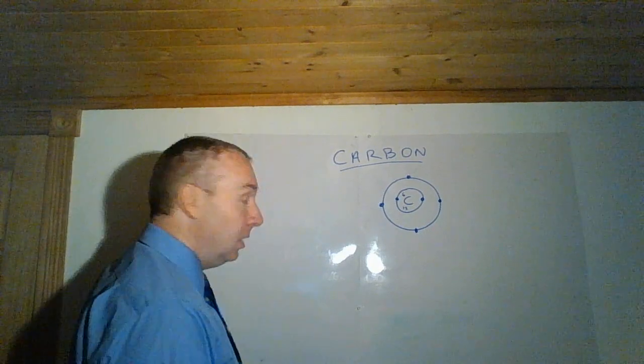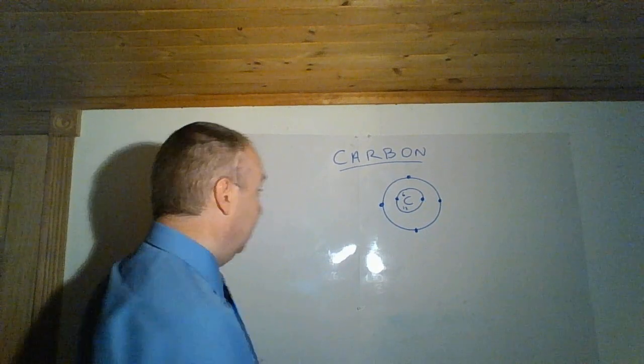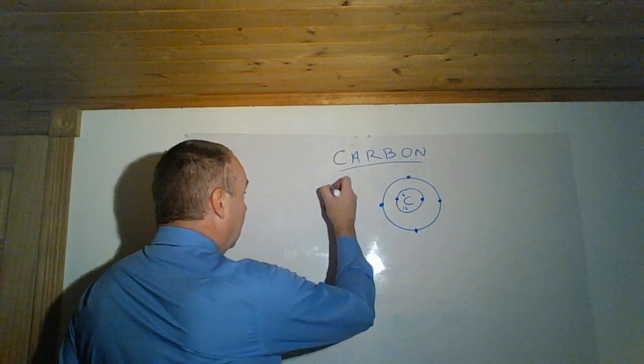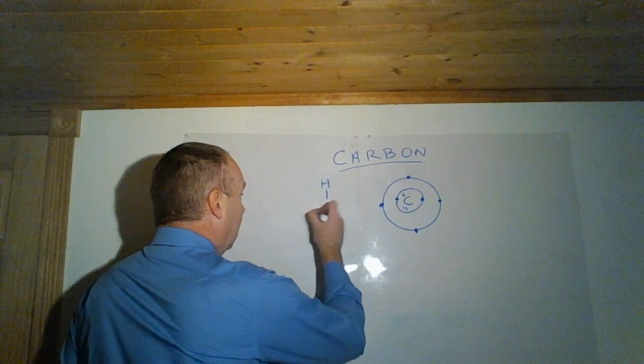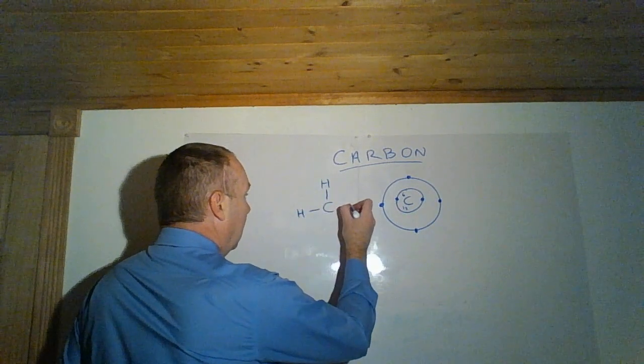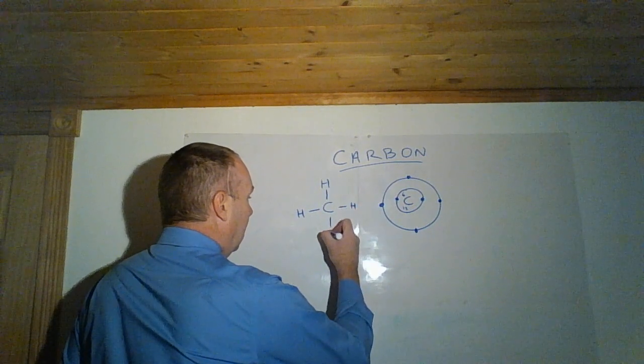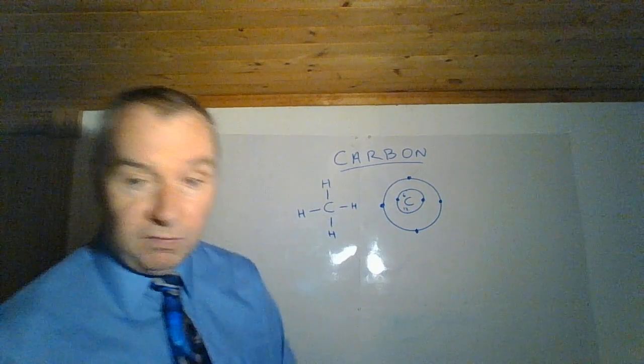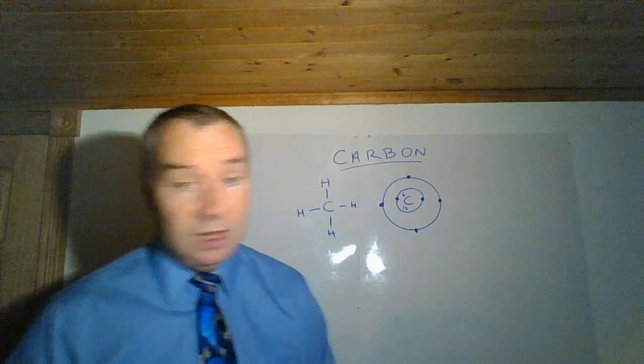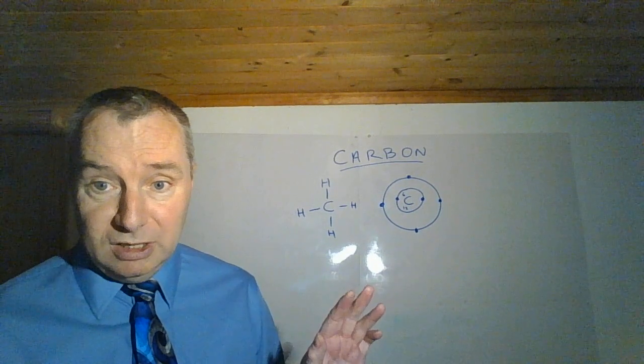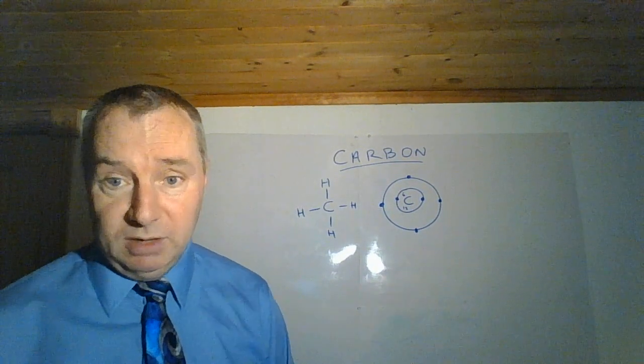Methane is also known as natural gas. And there we see 4 covalent bonds with hydrogen. Don't confuse those with hydrogen bonds. Hydrogen bonds, we're generally talking about water.